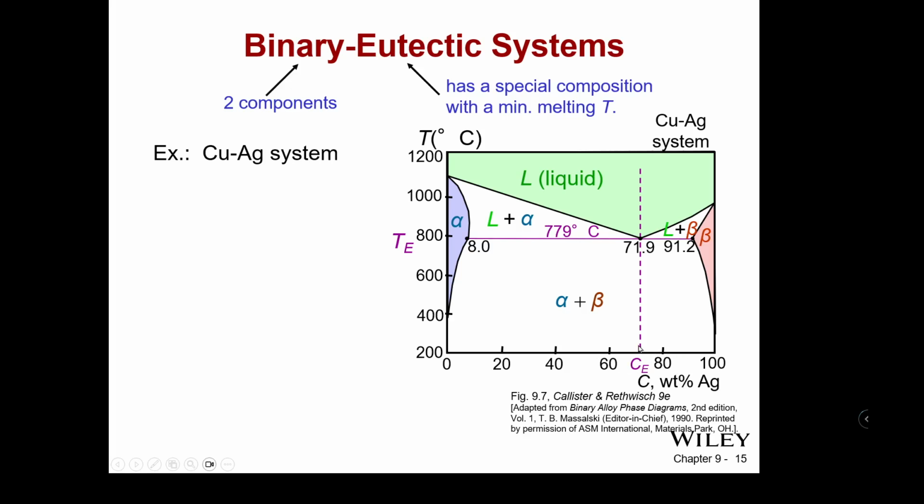So above or below 71.9%. So if you had 70%, that would be a hypoeutectic; if you had just a little more than 73% or something, you would have a hypereutectic alloy, meaning they could melt it and cast it at a lower temperature.